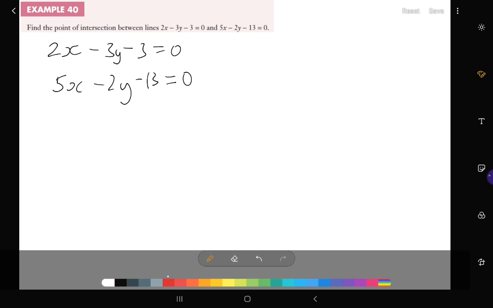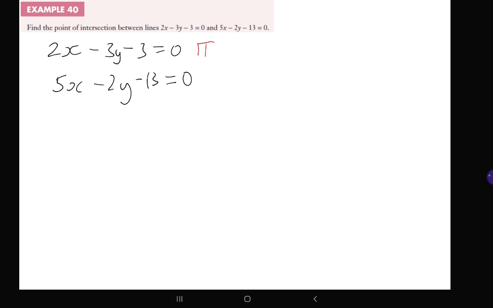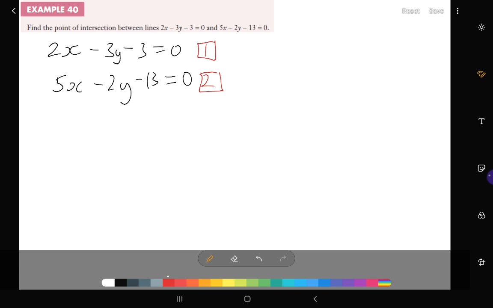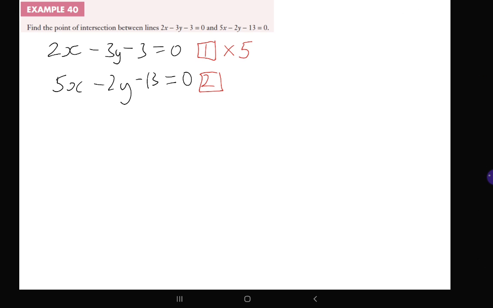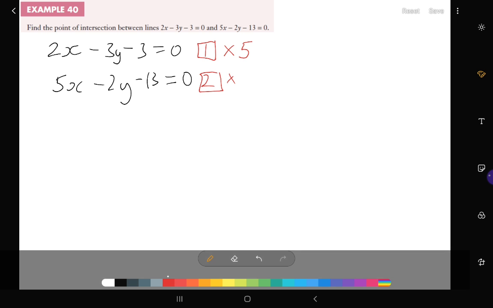So let's look at the x terms, 2x and 5x. Let's try and get these terms both to 10x. So let's call the first equation 1 and the other one equation 2. Let's take equation 1 and multiply that by 5, and equation 2 can be multiplied by 2.